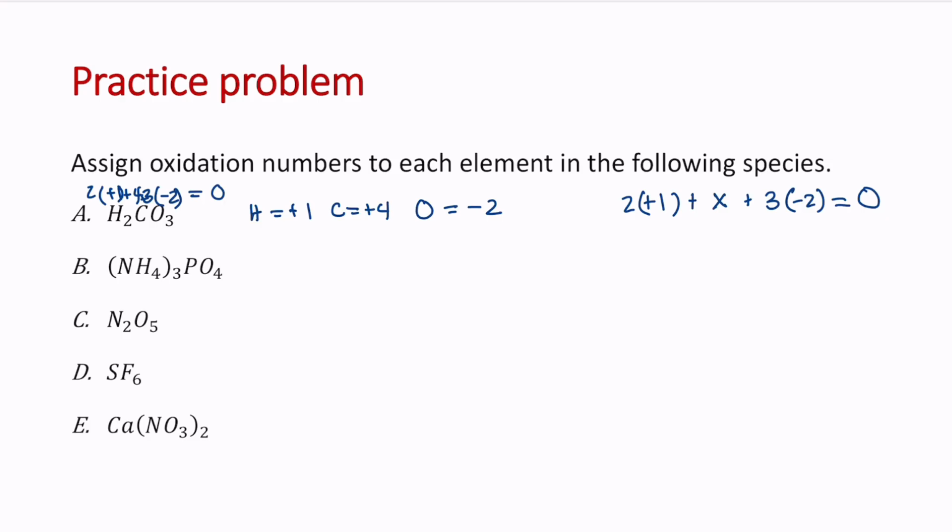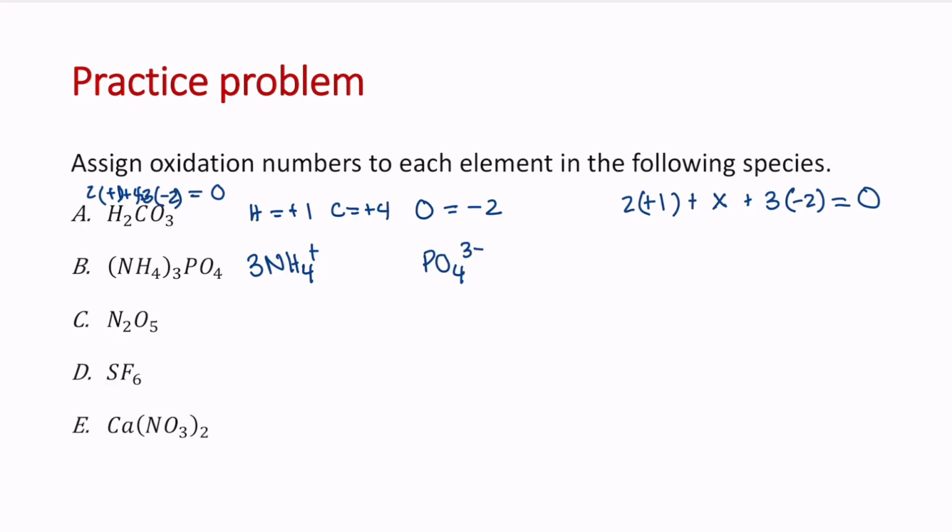When you have a polyatomic ion, sometimes I think it's easier to figure out the oxidation numbers on the ions rather than trying to add everything up. So I am going to take three ammoniums, and then I have phosphate.